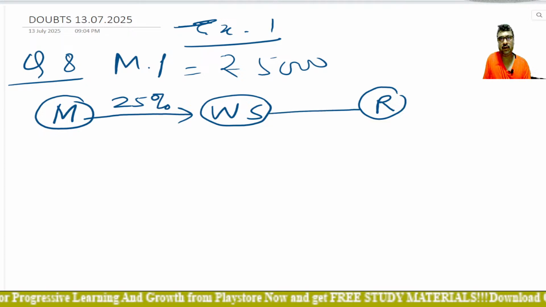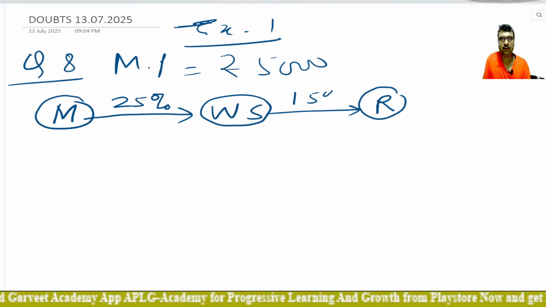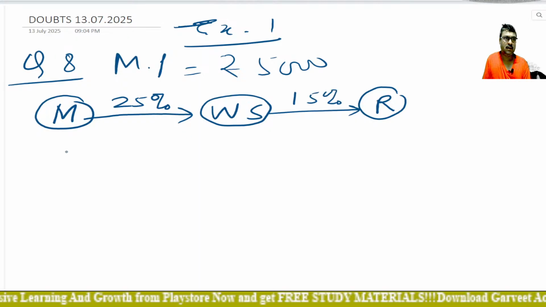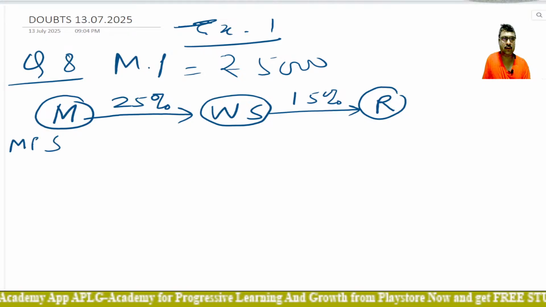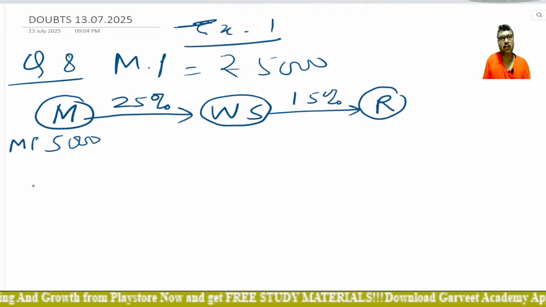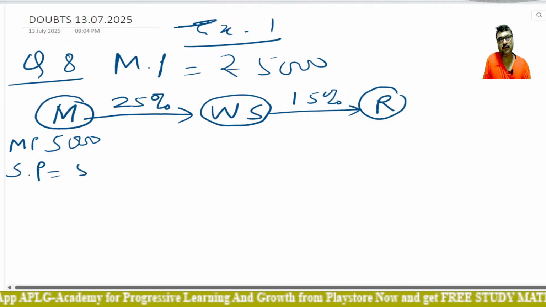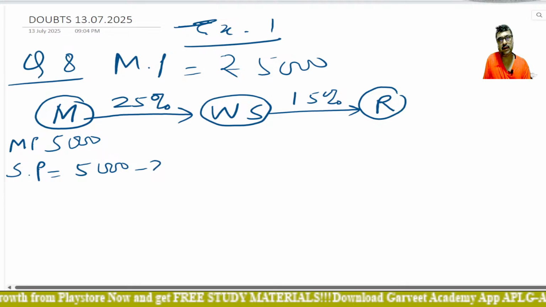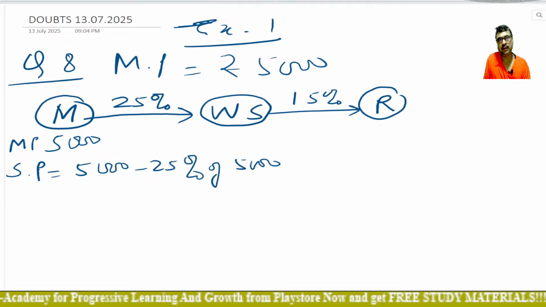The wholesaler sells it to the retailer at a discount of 15%. First two lines are clear. The mark price is 5,000. So how much will be the selling price? The selling price for the manufacturer will be 5,000 minus 25% of 5,000. Clear?